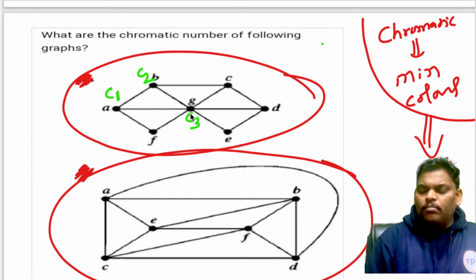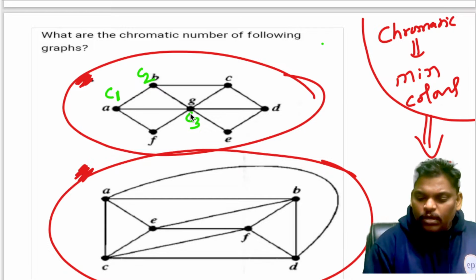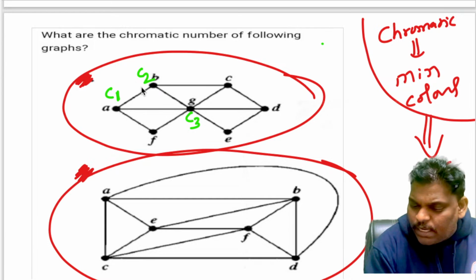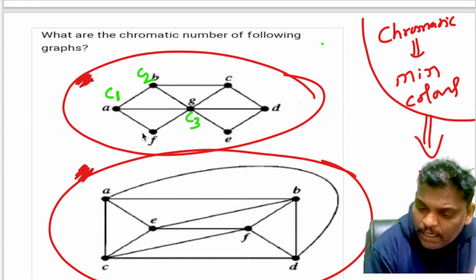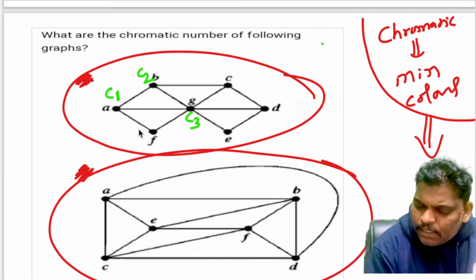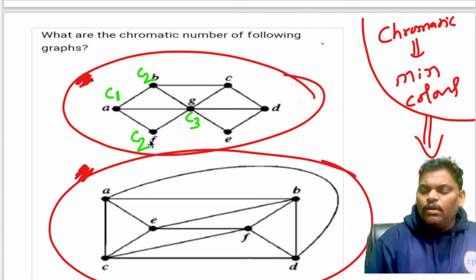There is no algorithm, manual checking only. C1, C2, C3, because the triangle will take three colors. This one can be C1, C3, C2. Till now three colors.